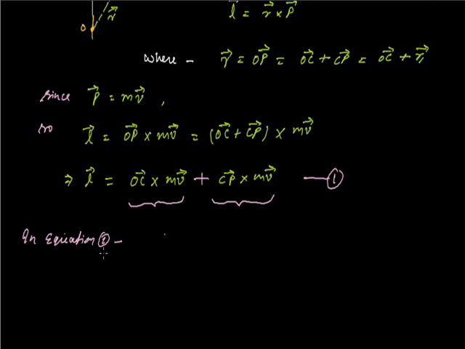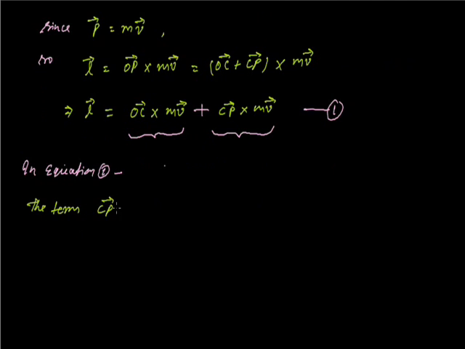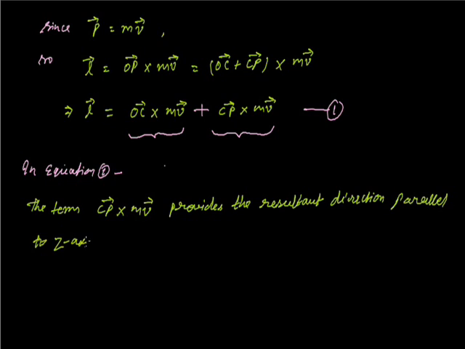In equation 1, the term Cp cross mv provides the resultant direction parallel to the z axis, meaning perpendicular to the plane of rotation of the particle.